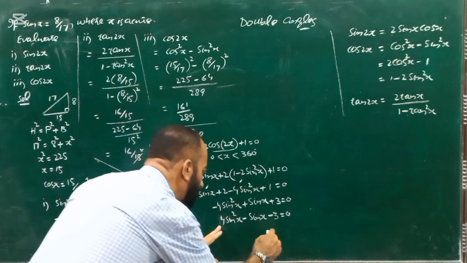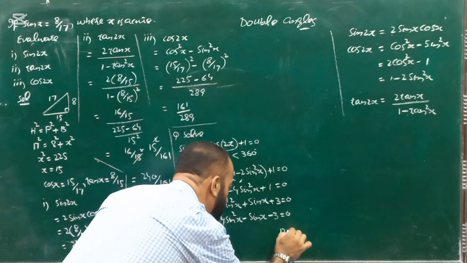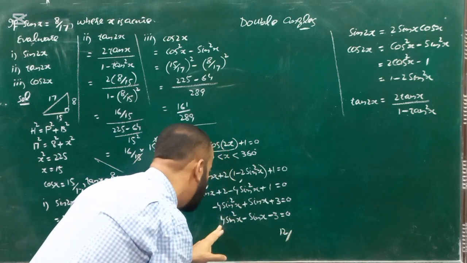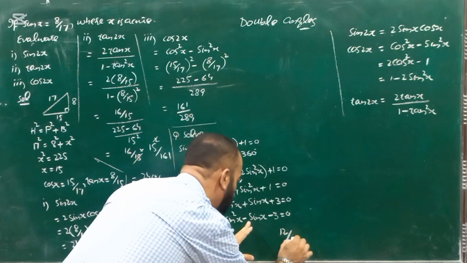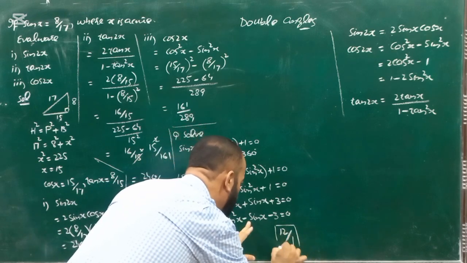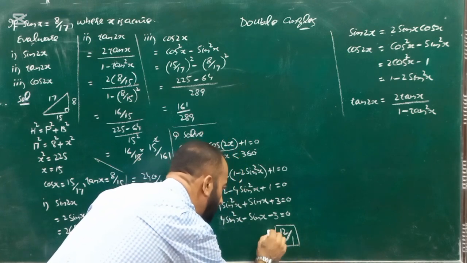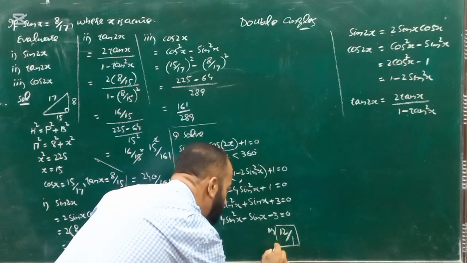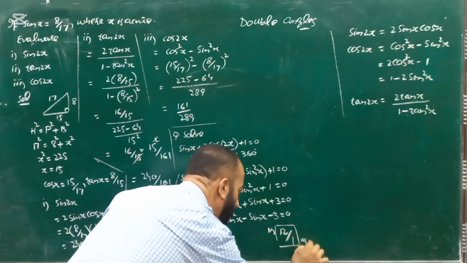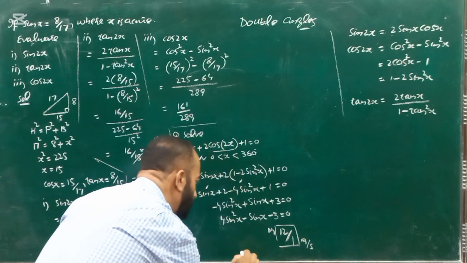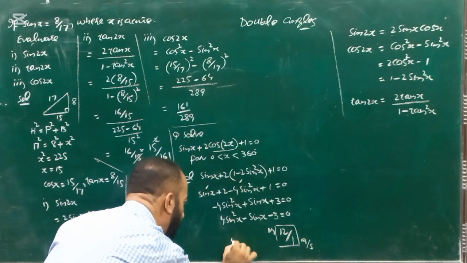Multiply the coefficient of the first one with the last one, 12, and central coefficient is 1. So we have to think a pair of the numbers whose multiplication equal to 12, addition or subtraction equal to 1. So actually these are 4 and 3.